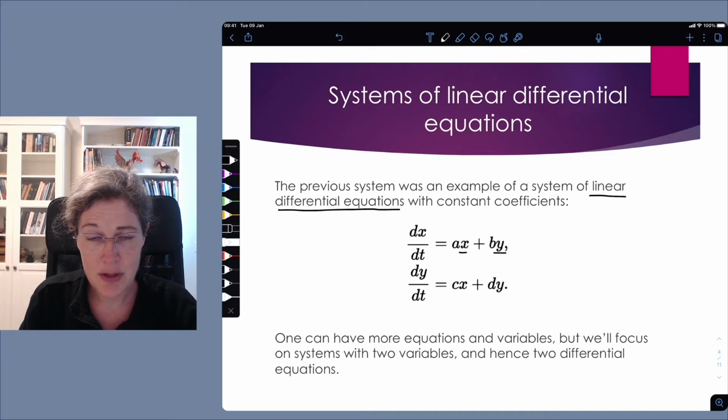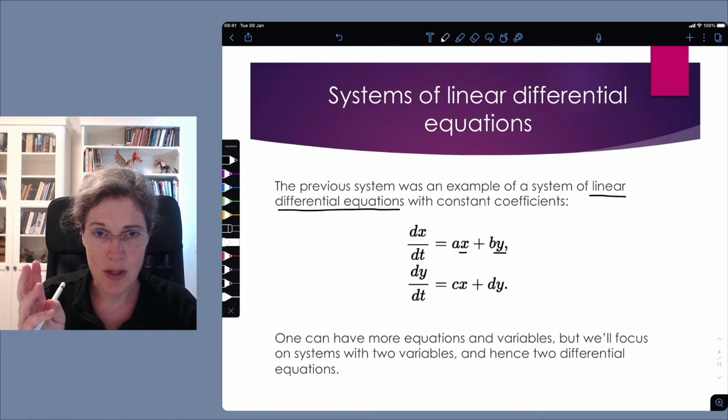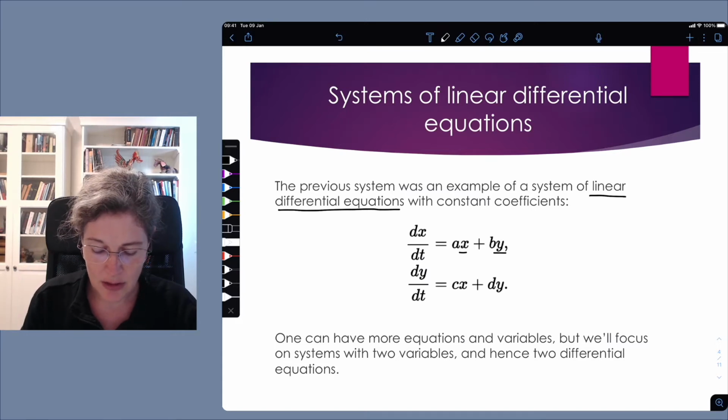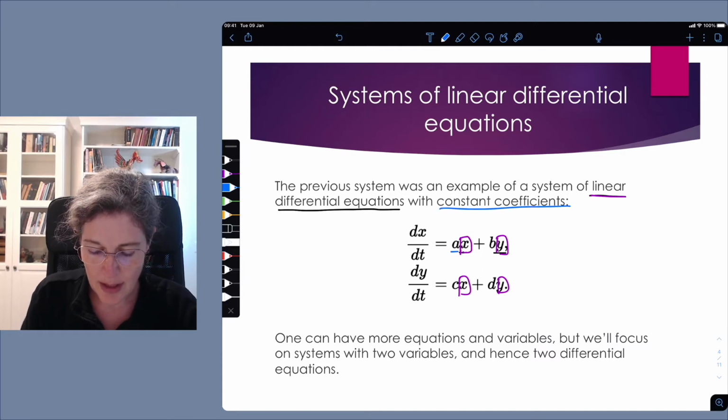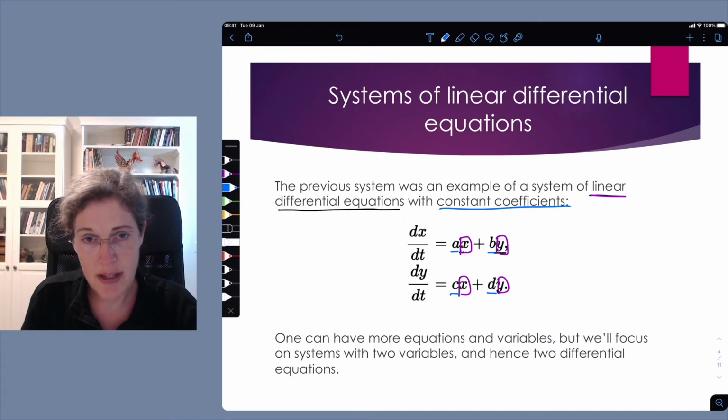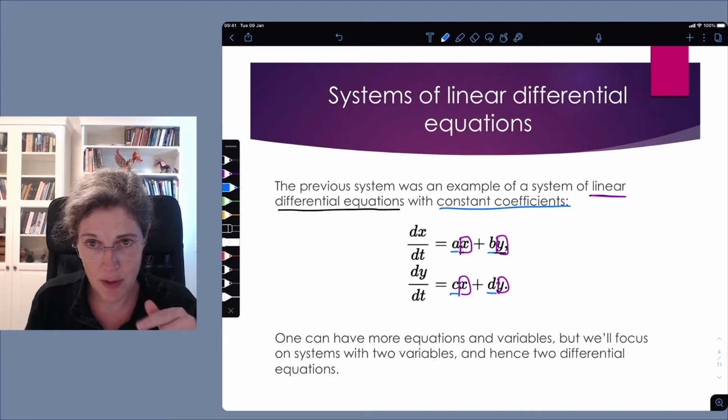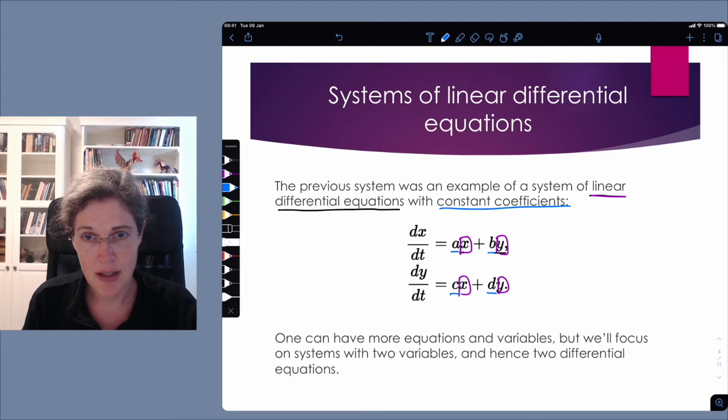There are no powers, there are no cross terms, so we have no xy terms, nothing like that. So the linear bit is where we just have x and y appearing just as x and y, and constant coefficients because we're assuming that the things that are multiplying our variables are just constants. You can go further and have functions there, but we're just assuming that these are constants.